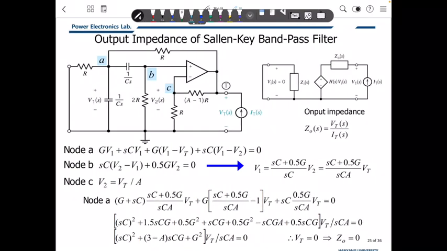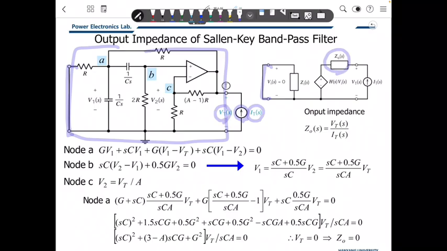So this is an example of the Sallen-Key bandpass filter's output impedance. To calculate that, this is the Sallen-Key bandpass filter. For the output impedance, we want to get the variable of this. To do that, the input is made a short like this, and we insert some specific current here. Then we calculate these voltages and this current.